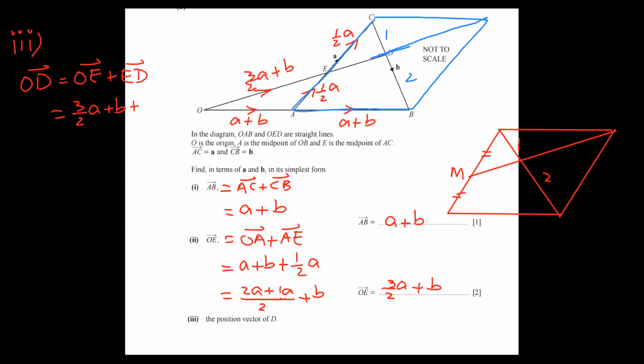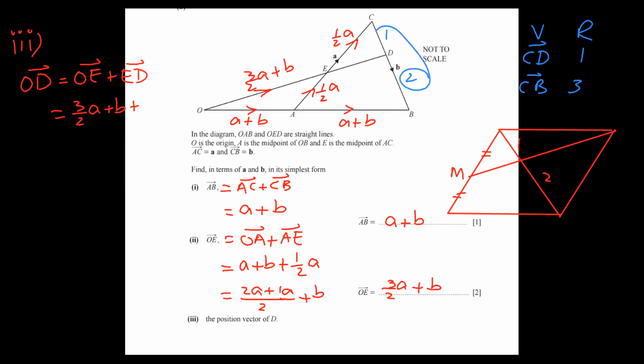I'm erasing the lines now. Attentive, please. I'm writing here, this is a 1 and this is a 2. For example, V for vector, R for ratio, to understand easily. I'm looking for CD vector. So CD vector is equal to 1, and the total vector is CB. This CB vector equals 3. It is like 2 plus 1 gives you 3.